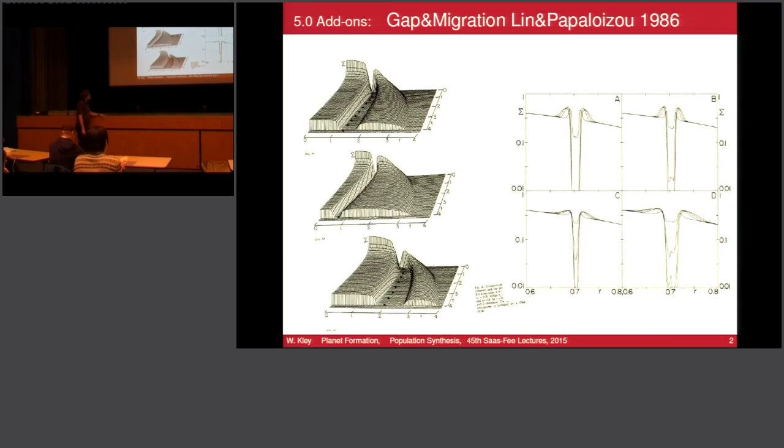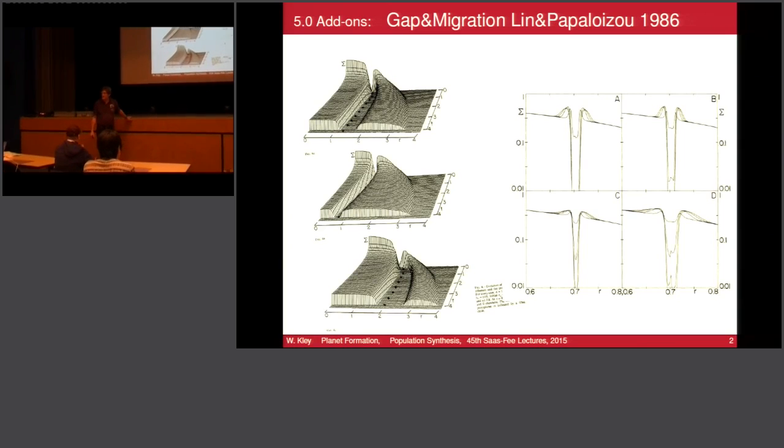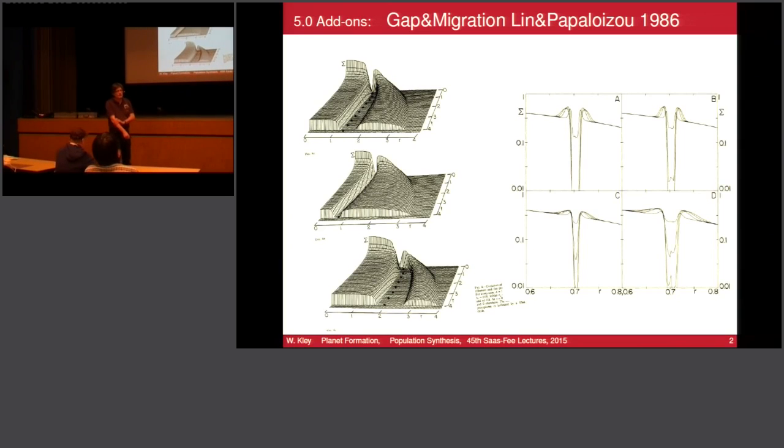And there's a classic paper by Doug Lynn and John Papaloizou from 1986, which was well before all these exoplanets were discovered. And they did a simulation here on the right. You see, I didn't label this in this way. I will come to the paper on the next page in more detail.